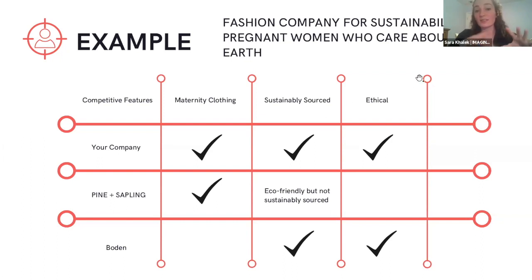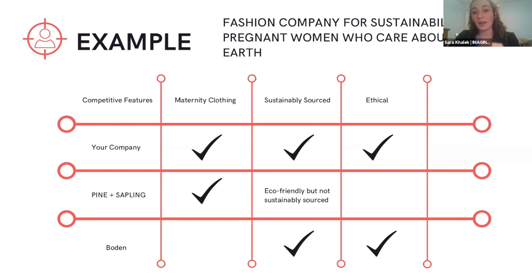So looking against a few competitors, I'm only giving you 2 examples here, and a few examples of features to look at. Our company relative to Pine and Sapling, which is a maternity clothing company, they are not ethically sourced. They are eco-friendly, but they are not sustainably sourced. And we're going to talk about how that's going to be perceived later.